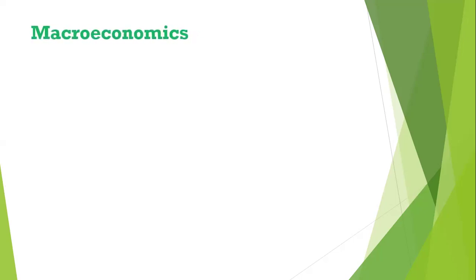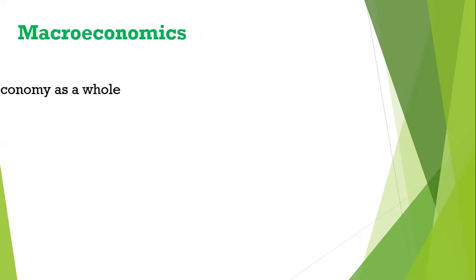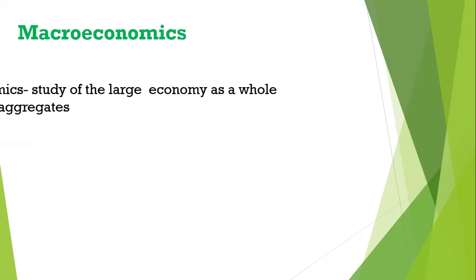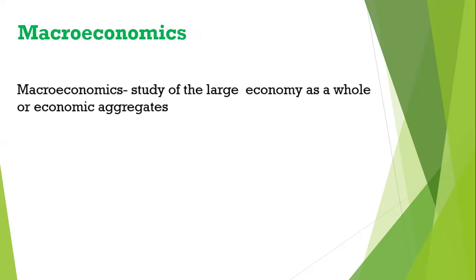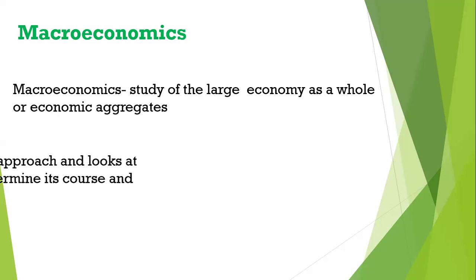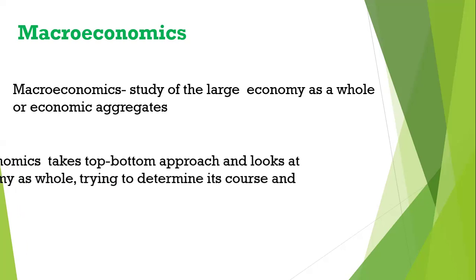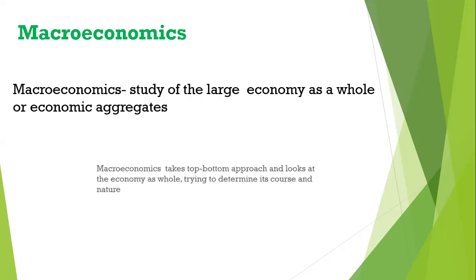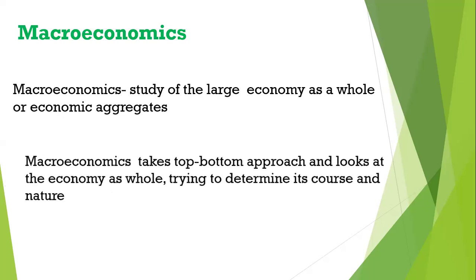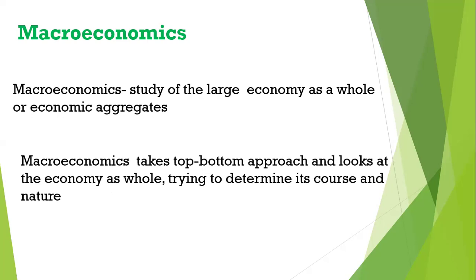Macroeconomics. So we are on this topic again. We have already defined that it's the study of a whole economy, like countries. Macroeconomics is the study of the large economy as a whole, or economic aggregates. So it's like a repetition, okay?